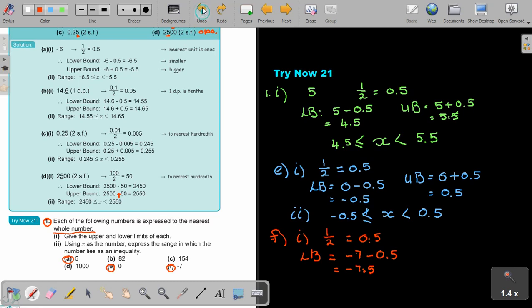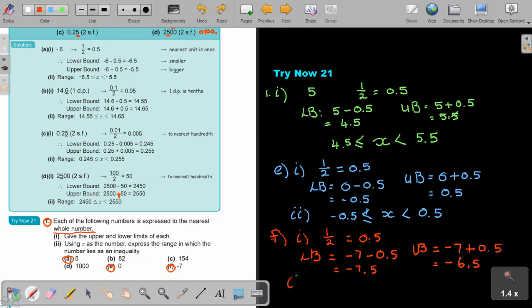It's not a double point, it's just a point. And for the upper bound, it's just going to be negative 7 plus 0.5, and that's going to be negative 6.5.